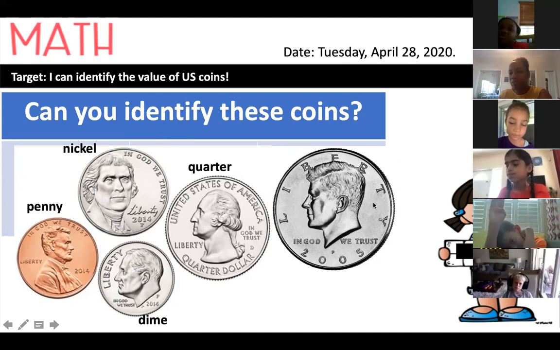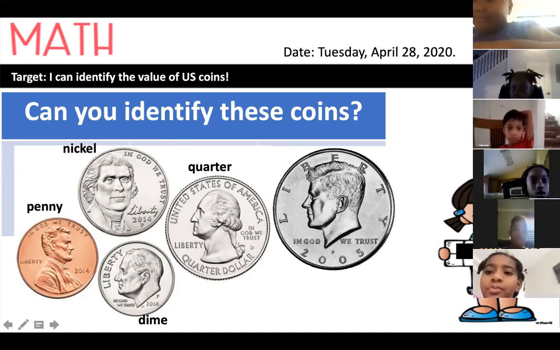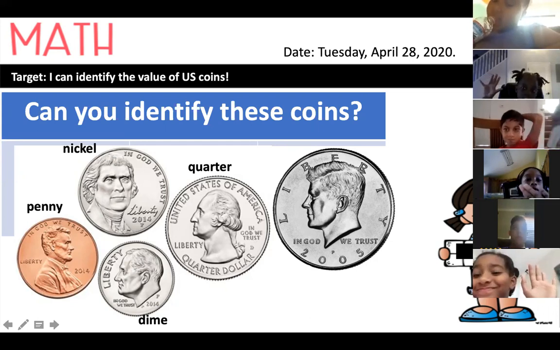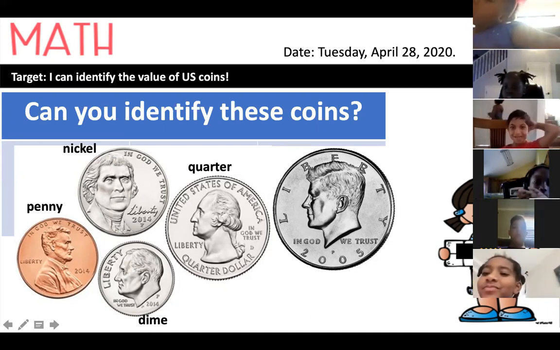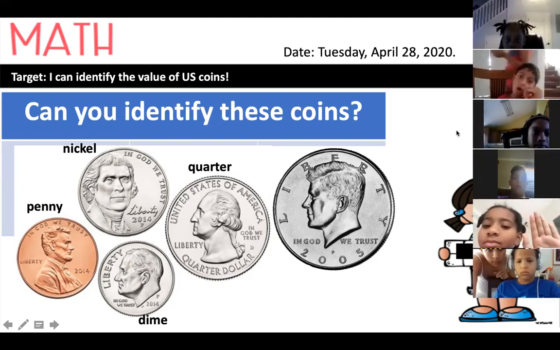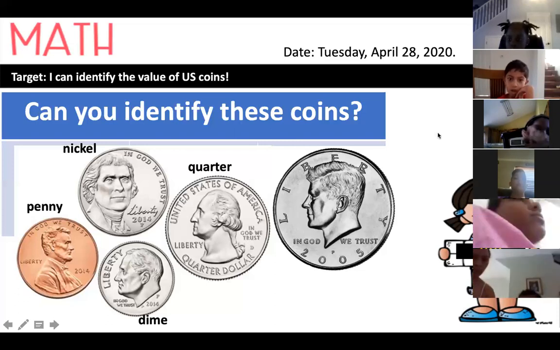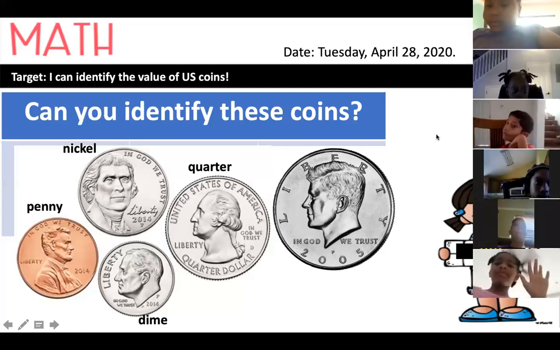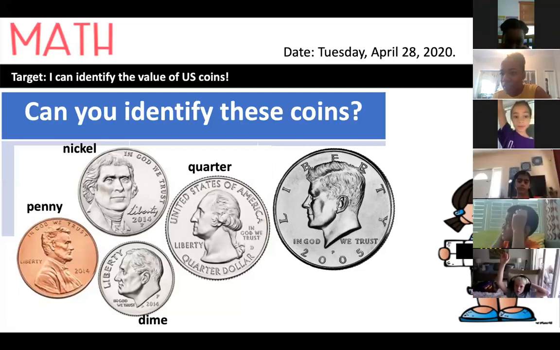What's the value of this big one? Raise your hand if you'd like to share. Mikay? $1. No, but good try. Anyone else wants to give it a go? Jesse, go ahead.